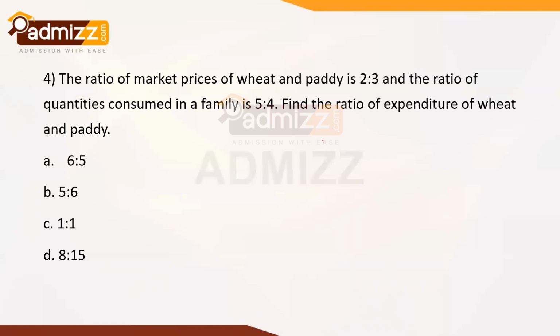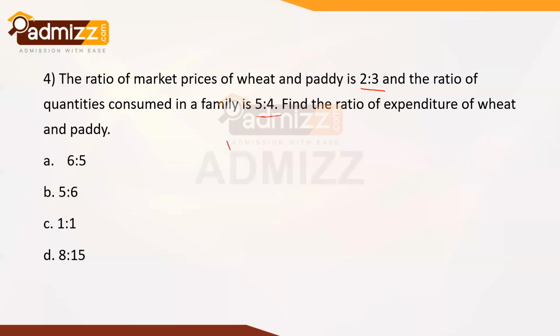This might be a bit challenging for you guys if you are a bit confused in ratio concepts. Take a look at this. The ratio of market prices of wheat and paddy is 2:3, and the ratio of quantities consumed in a family is 5:4. Find the ratio of expenditure on wheat and paddy.